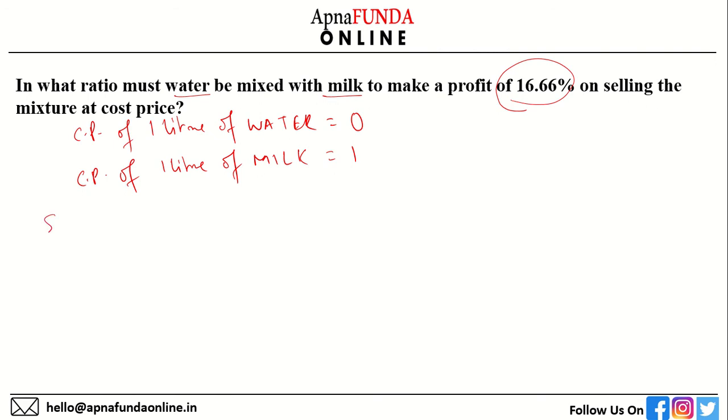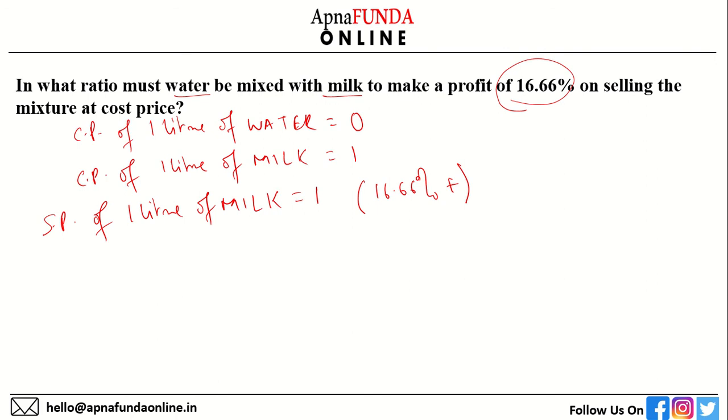So, what is required is selling price of 1 liter of milk has to be 1. This includes a profit of 16.66%. Correct? This includes a profit.